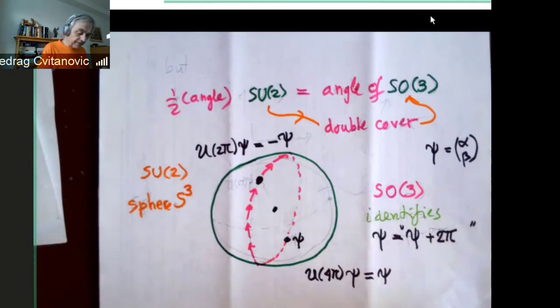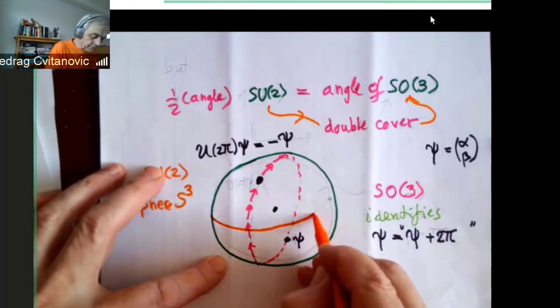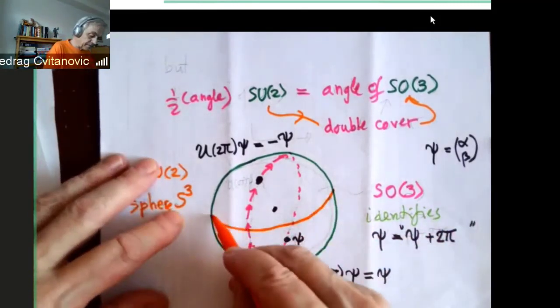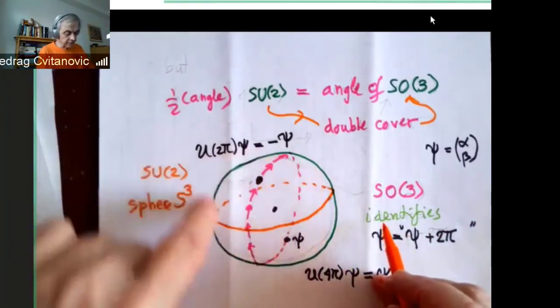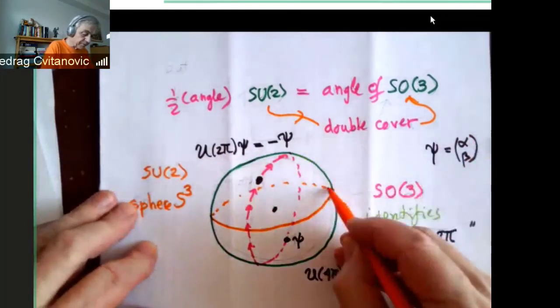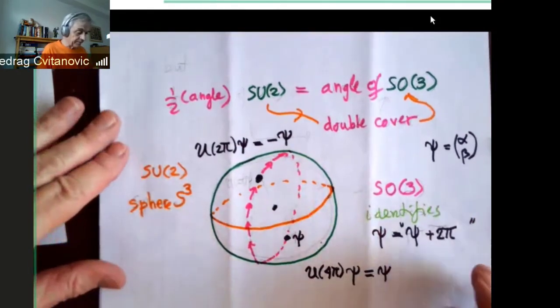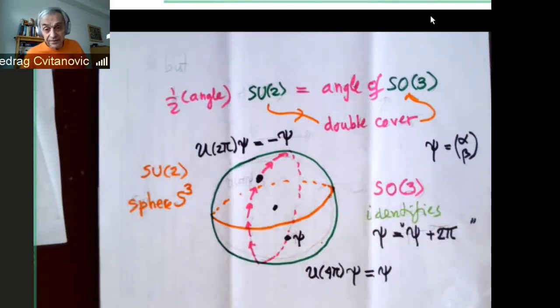So when you think of SO3, you're supposed to take everybody above the equator. So suppose you believe that North America and Europe are very special. Rotations in 3 dimensions correspond to points on this half globe. And the other half globe is extraneous because everybody here is identified with the upper half globe. So now, I'll let you do this on YouTube or something.